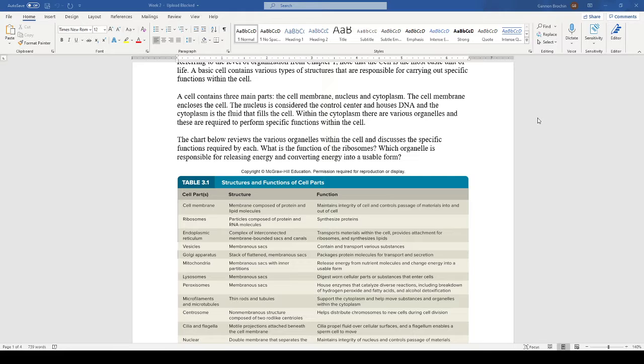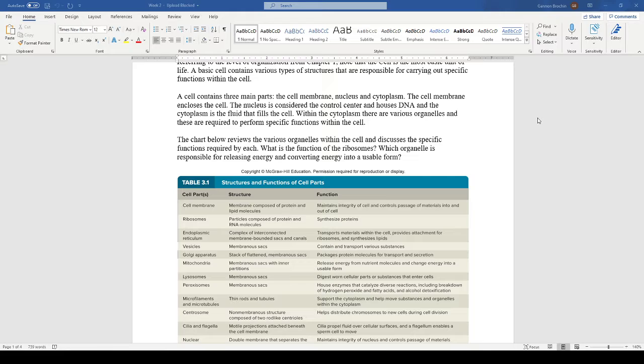In eukaryotic cells, which are the type of cell that humans and a lot of animals are made up of, there's always going to be 3 parts. There's going to be a membrane, a nucleus, and the cytoplasm.